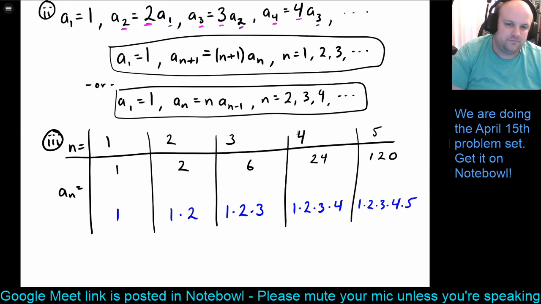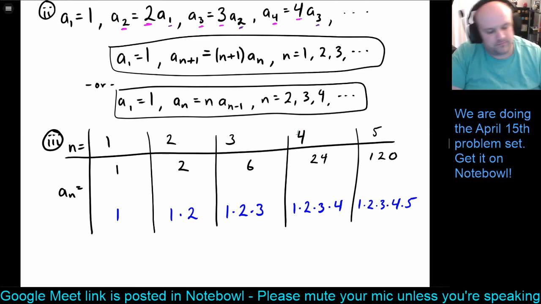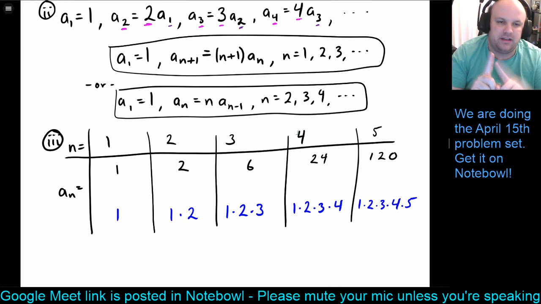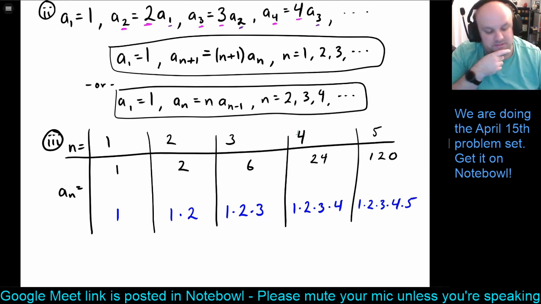So if we look at this here, we can figure out what the pattern's going to be. In each case, what I'm doing is multiplying all the numbers starting at 1 and going up to whatever the value of n is. So starting at 1 all the way up to 3, for example. Starting at 1 all the way up to 5.